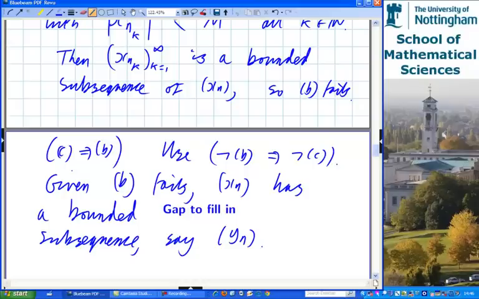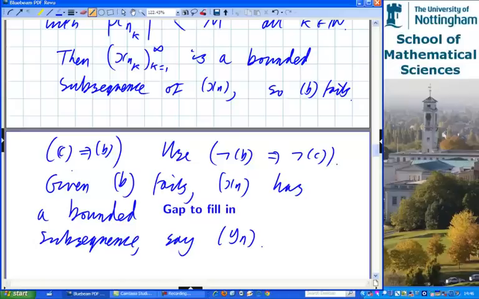What I really want is to get a convergent subsequence. So what could I use? Any suggestions? Sorry? Which theorem? Every subsequence of a subsequence is a subsequence. That's good. Yeah. So if we do manage to find a convergent subsequence of this, it will also be a convergent subsequence of the original.